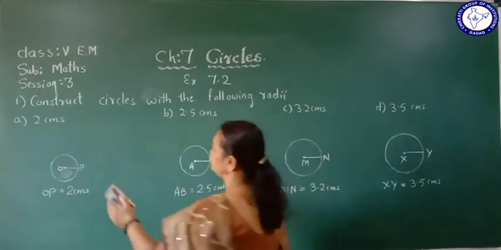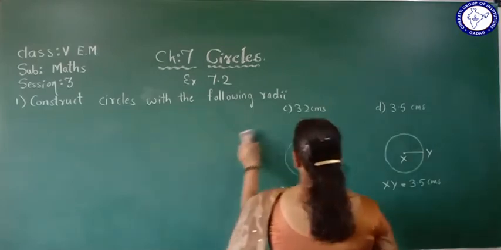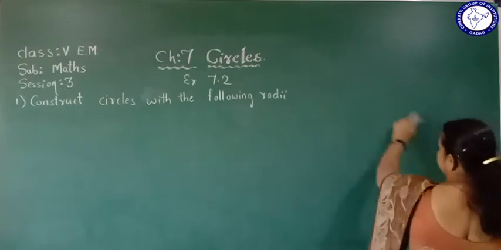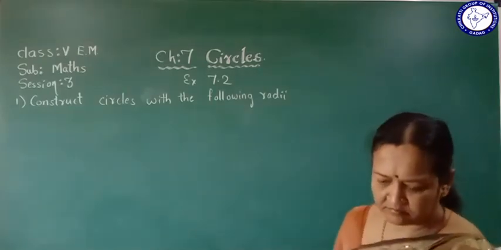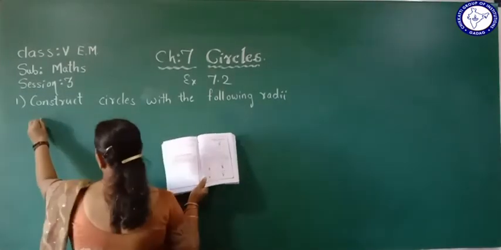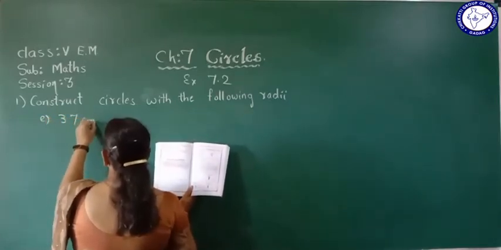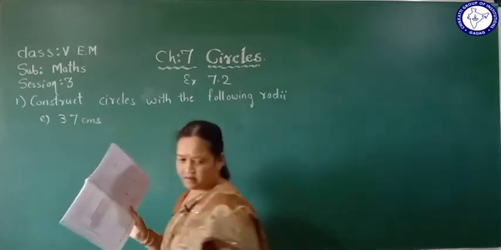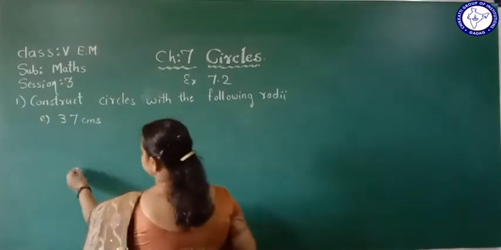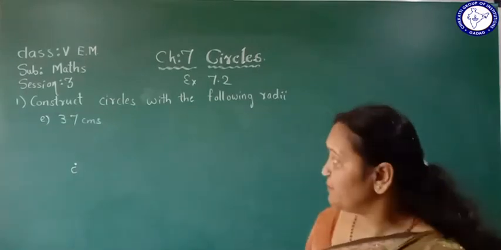Then let me go to the next question. The E question, 5 questions are there. The E question is 3.7 centimeters. So again mark here the center of the circle. Let me name it C. Then it is 3.7.